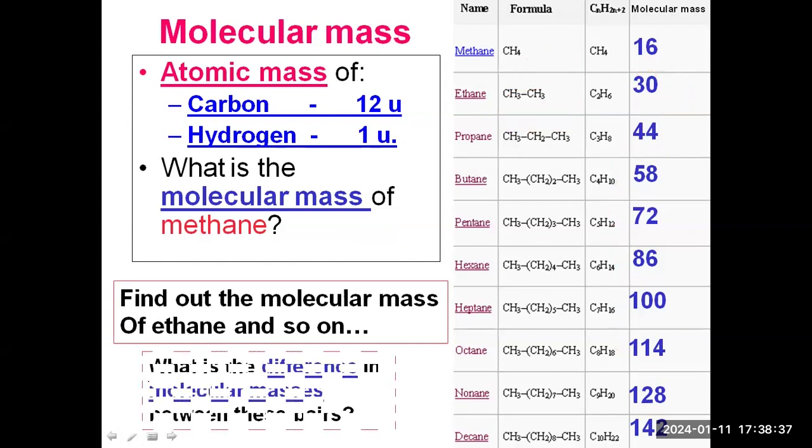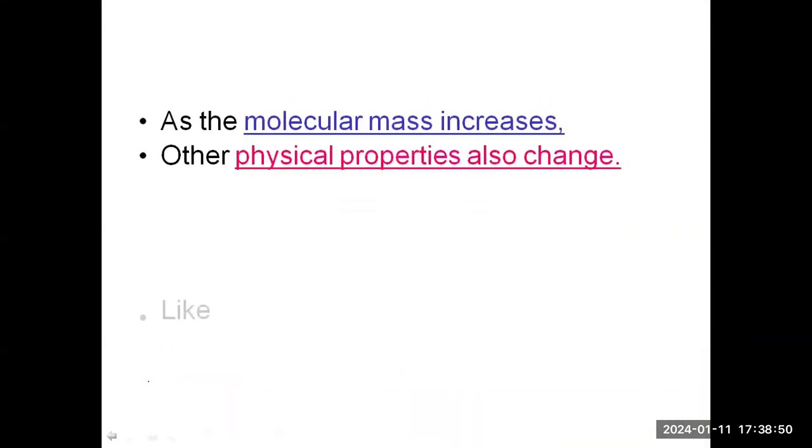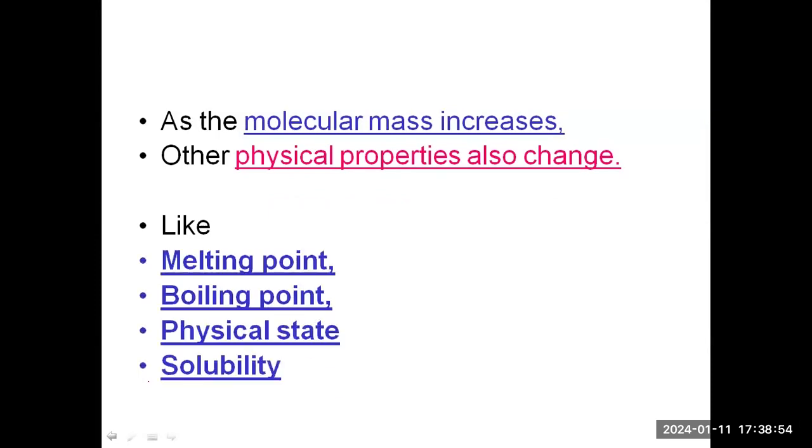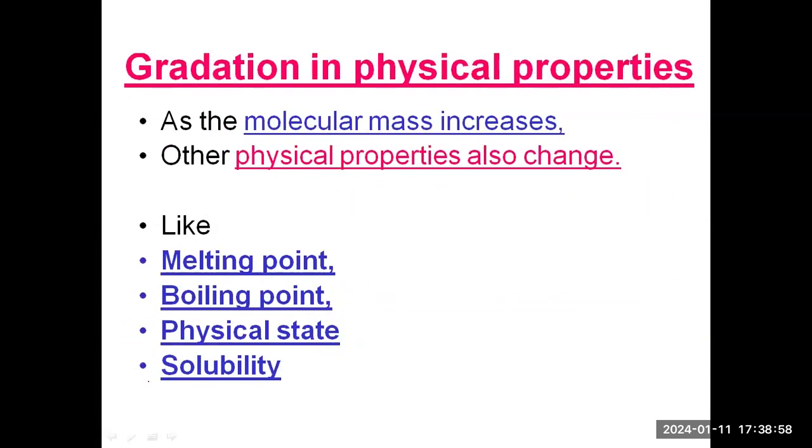Now, because the molecular mass is increasing over here, the physical properties change. The gradation in the physical properties is seen like melting point, boiling point, density, solubility. So it is called gradation in physical properties.